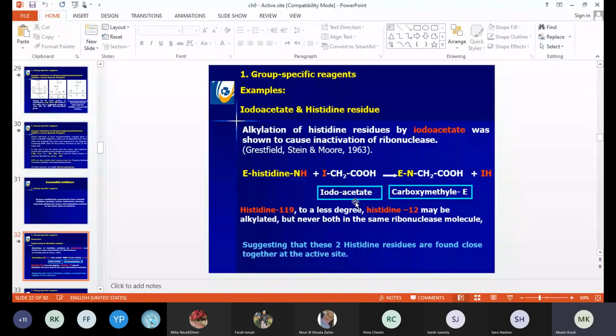By using this method, they were able to identify that histidine 119 and, to a lesser degree, another histidine, histidine 12, may be alkylated by the iodoacetate, but one of them, never both at the same time. Meaning, they did the experiment several times and found histidine 119 sometimes and histidine 12 other times, but never both alkylated at the same time.